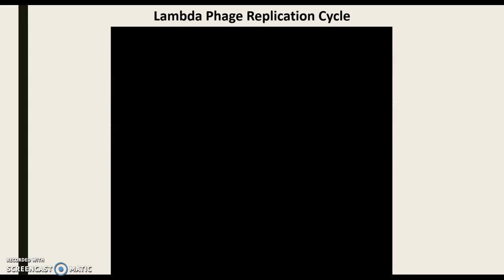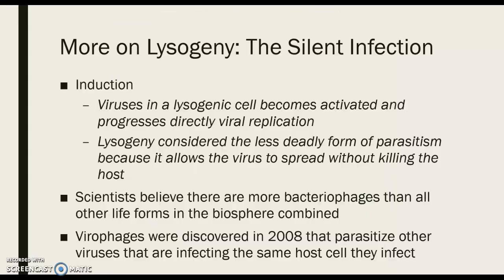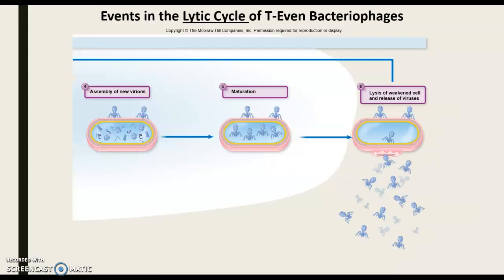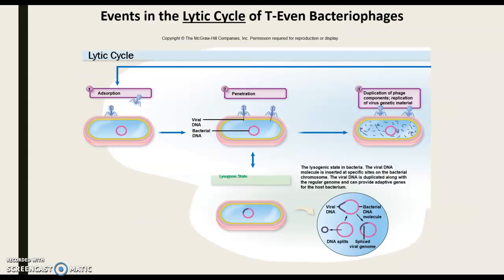So you can take a look at that video in the regular PowerPoint. So I just want to go back to this. So this is the lytic cycle, and then this illustrates the lysogenic state, the lysogenic cycle. So we have adsorption, we have penetration, but then instead of a duplication of the components, that viral DNA right there is incorporated into the bacterial DNA.